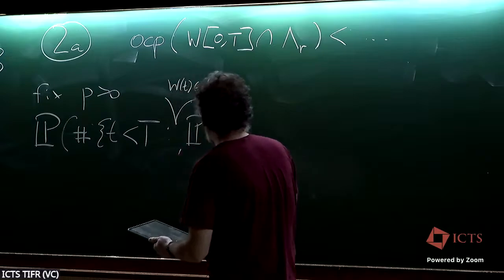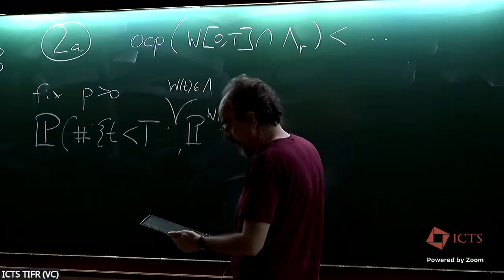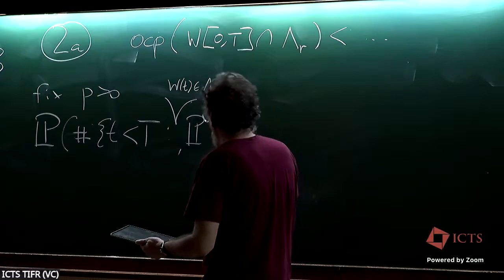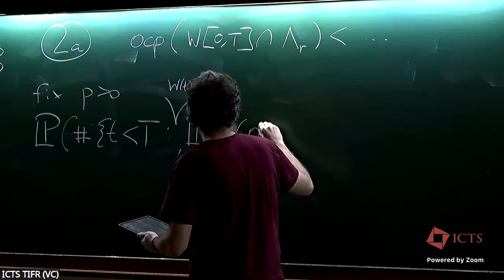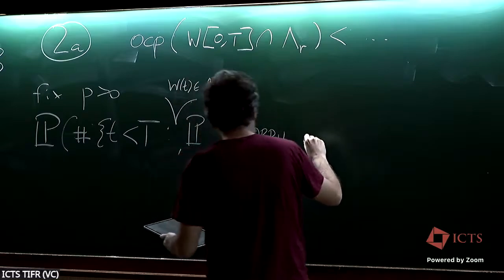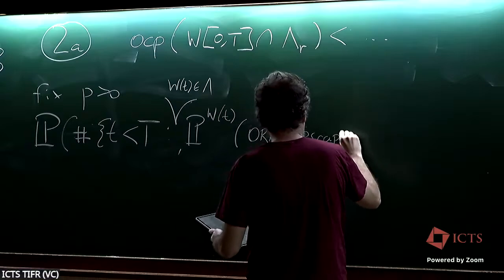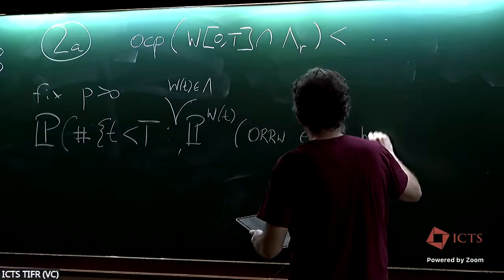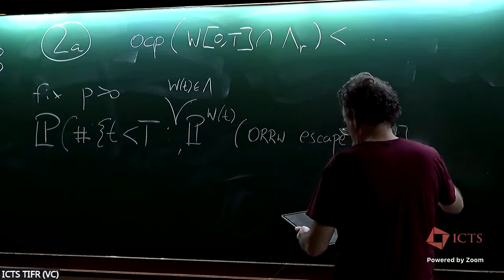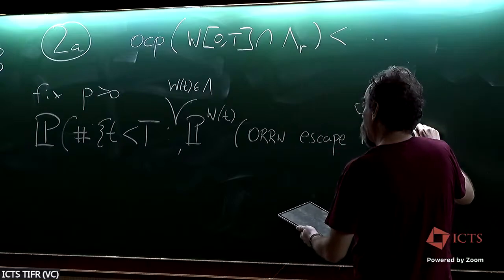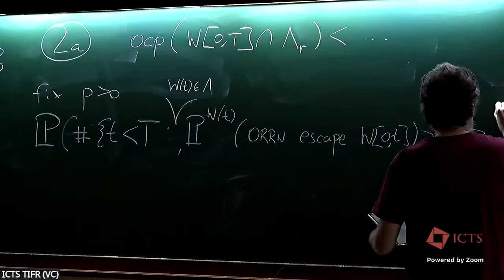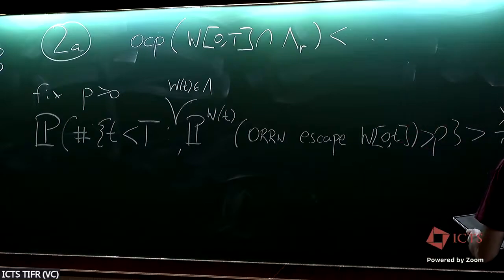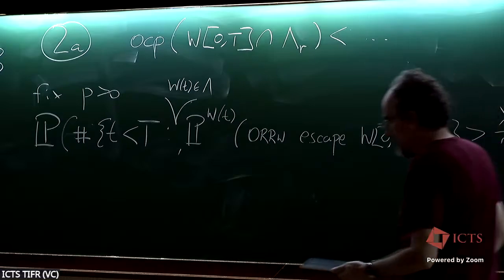And then if you were to start a random walk, an independent process, from where you are now, then the probability that it would escape your past is bigger than p. Okay, I will finish writing this and then I will explain because I don't want to stand too long.